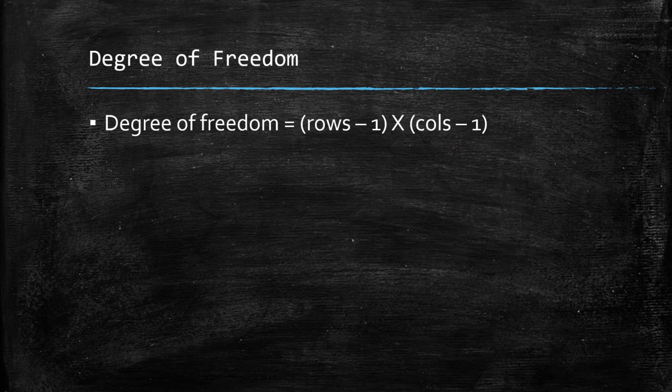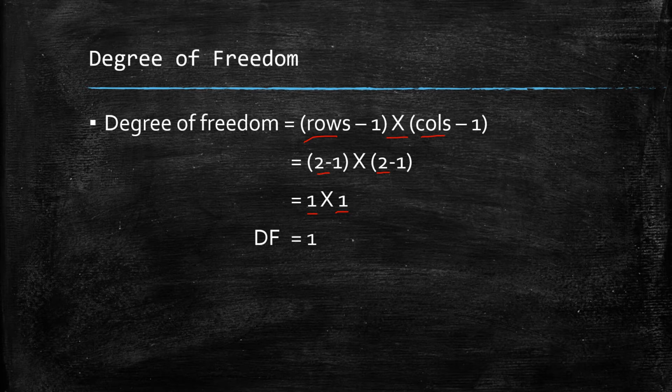Degree of freedom is equal to the number of rows minus 1 multiplied by the number of columns minus 1. Here the number of rows is 2 and the number of columns is also 2. So 1 multiplied by 1 is equal to 1. This is our degree of freedom for this particular example.